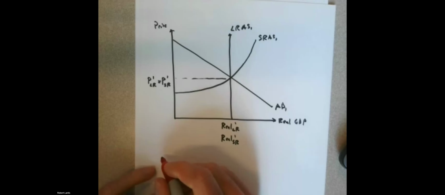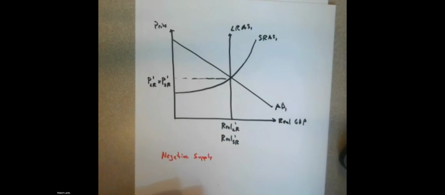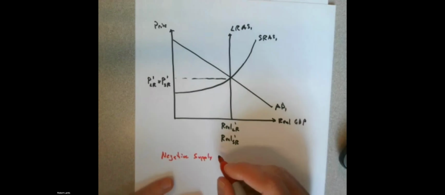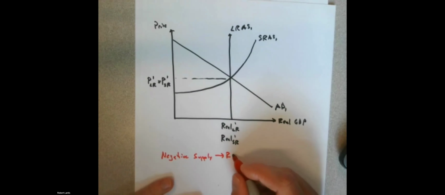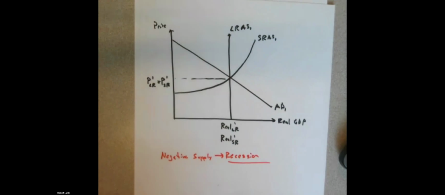So this first one, let's say we have a negative supply shock, or that the economy is right now on the downturn, or we can almost think about this as a current short run recession. Well, if we have a negative supply shock, that's going to decrease the short run aggregate supply, right?